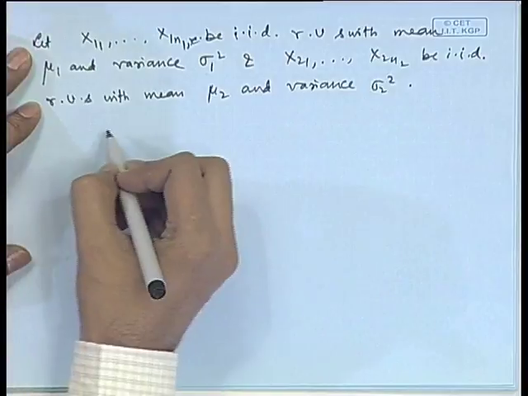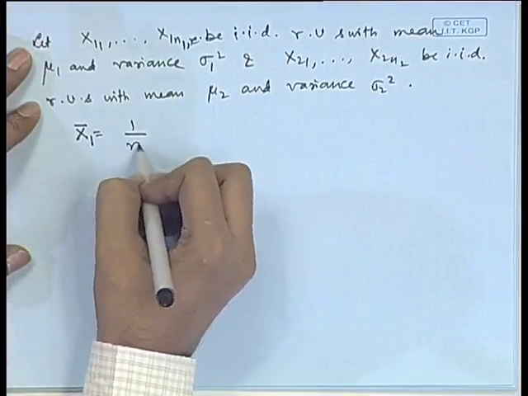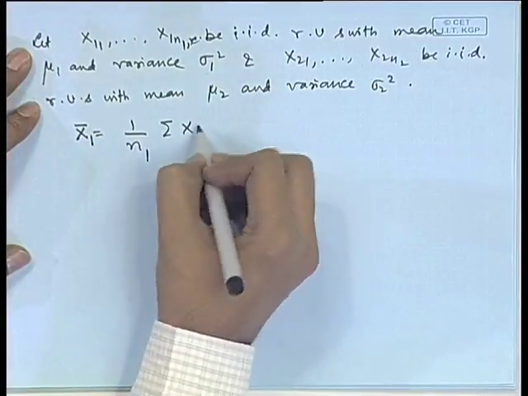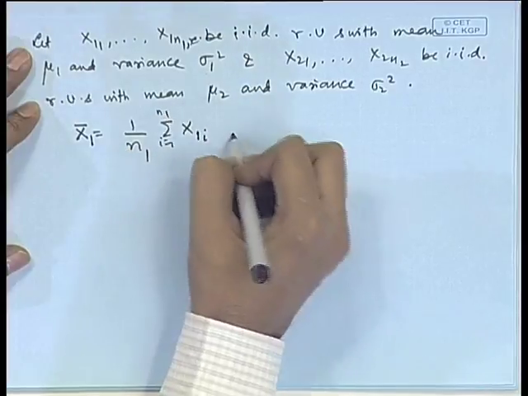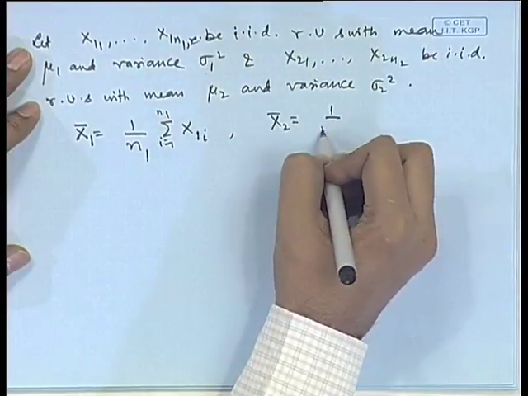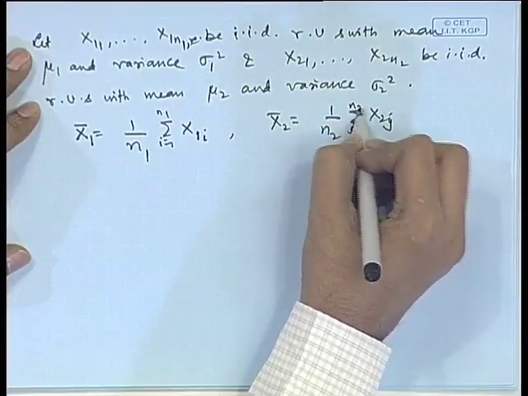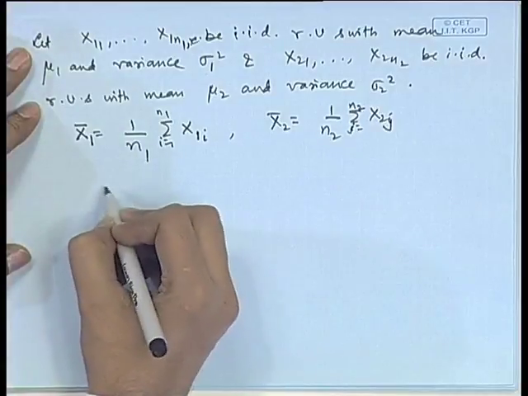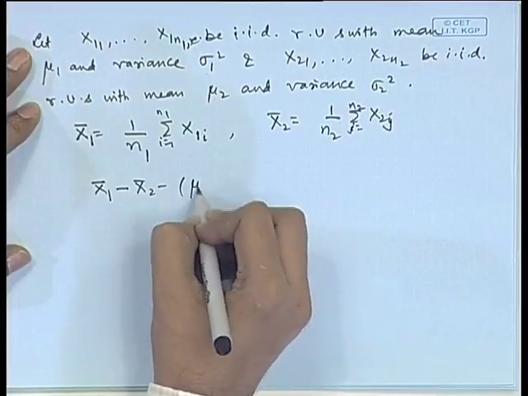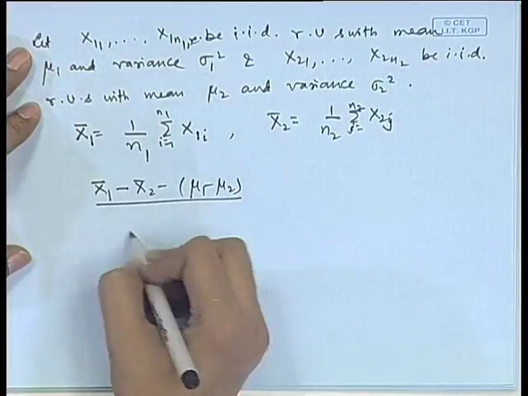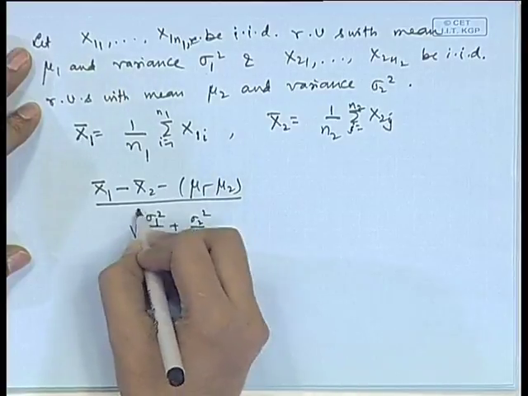So, you consider the random variable say x 1 bar, which is actually the mean of the first sample, and x 2 bar is equal to say mean of the second sample, and construct the random variable x 1 bar minus x 2 bar minus (mu 1 minus mu 2) divided by square root of (sigma 1 square by n 1 plus sigma 2 square by n 2).